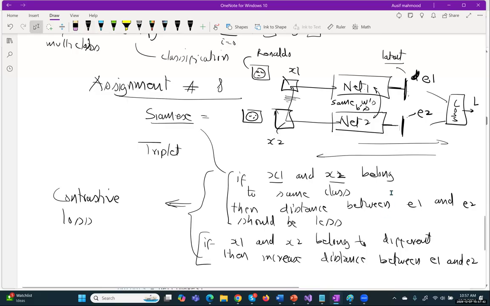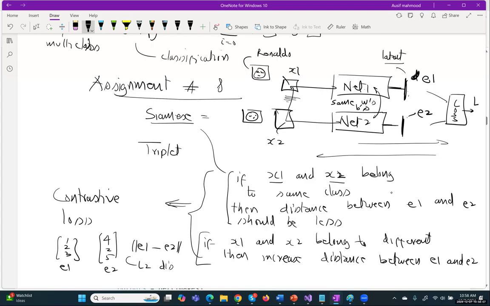Remember, to refresh your memory, how do we compute the distance? Suppose you have 1, 2, 3, and 4, 2, 5 is another vector, right? If this is E1 and this is E2 as an example, we refer to the distance as E1 minus E2. Once we put the double bars, this means L2 distance, or Euclidean distance.